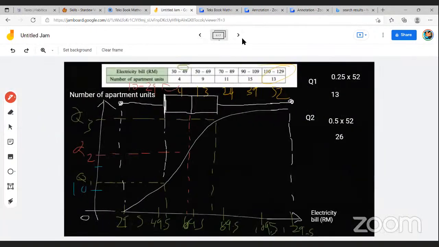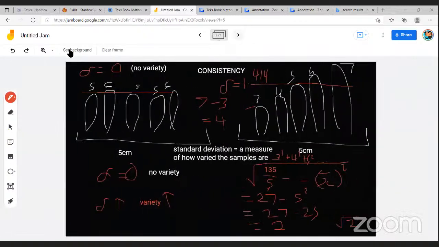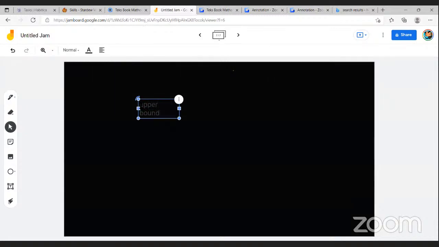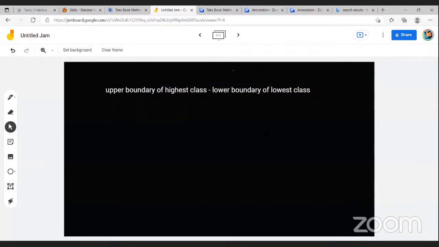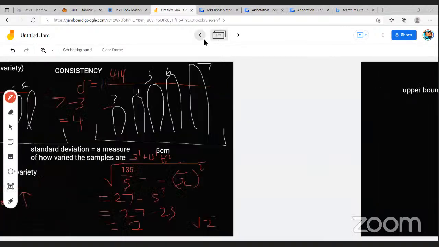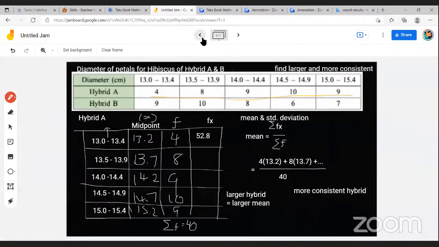But if it's grouped, your range is not the midpoint of the highest minus the midpoint of the lowest. It's actually the upper boundary of the highest class minus the lower boundary of the lowest class. This is how you find the range. Because let's say we do an experiment with the students earlier.